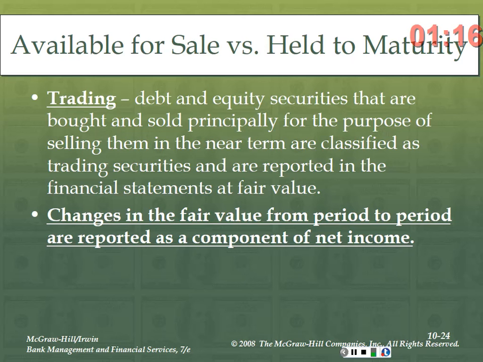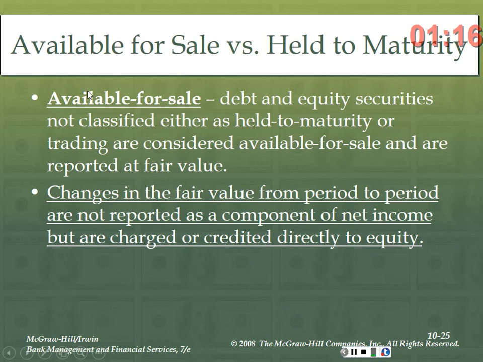Because what they say is banks aren't in the brokerage business. They're not in the business of buying and selling bonds, or they shouldn't be. That's why this is such a severe penalty if they try to classify very many of their investments as trading securities.